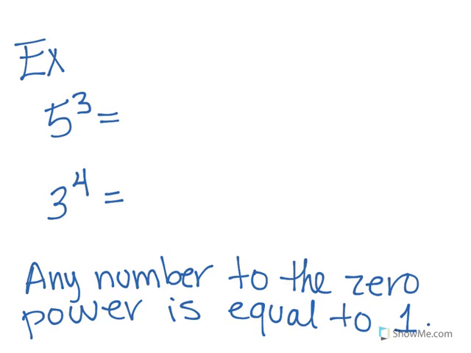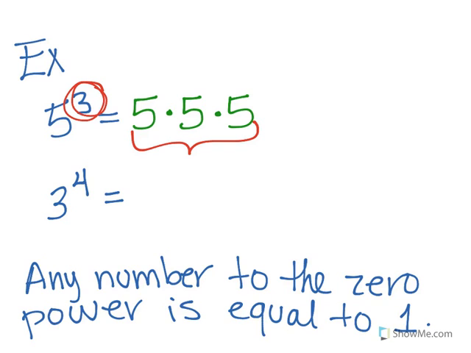We have 5 to the third power. This means that you will multiply 5 3 amount of times. So 5 times 5 times 5. So as I mentioned before, the amount of 5's that you have right here must be equal to your exponent, which is this number right here.